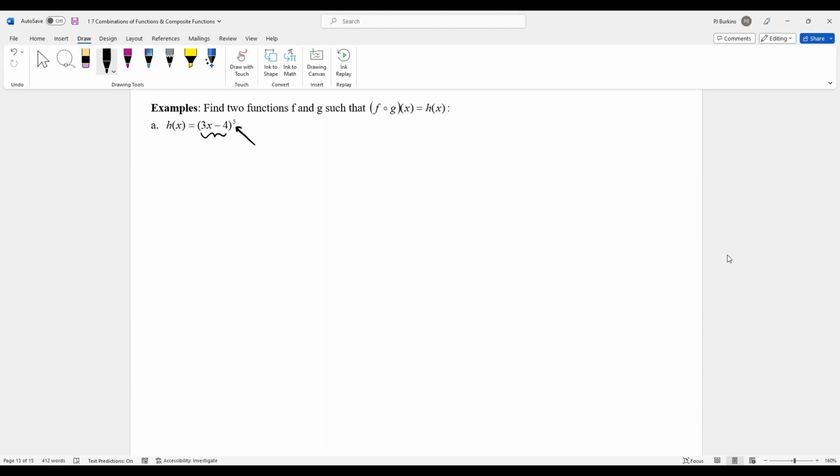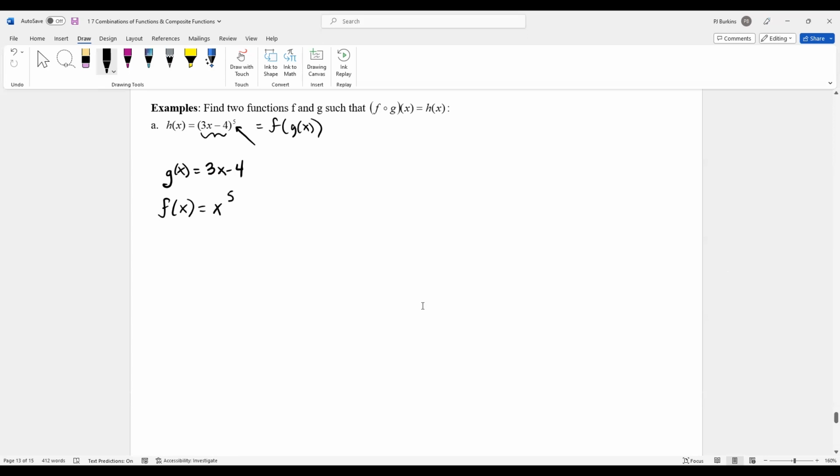So if I define g of x as 3x minus 4, and f of x as x to the 5th power, then this function would be f with g plugged in, right? Just confirm that with yourself. If I take 3x minus 4 and plug it in for x, that's parenthesis 3x minus 4, close, all to the 5th power.